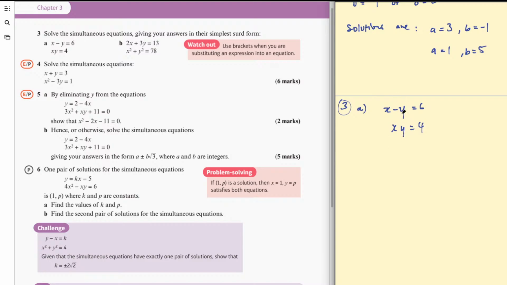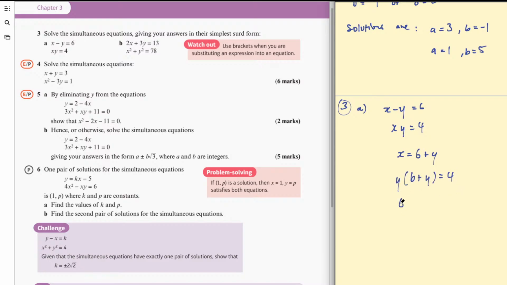We could do it either way around. We could substitute the first equation into the second or the second into the first. Let's just use the first one. We would get x equal to 6 plus y. And then substituting into the second equation, we get y multiplied by 6 plus y equal to 4.